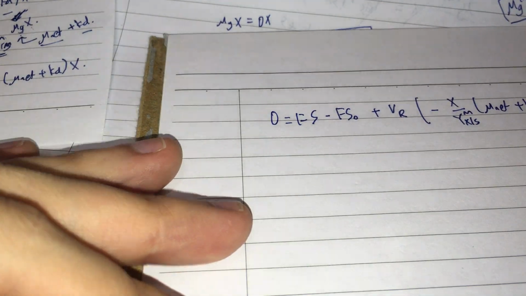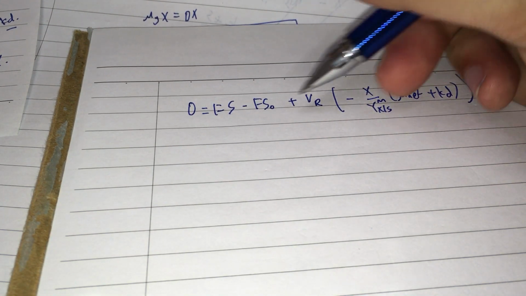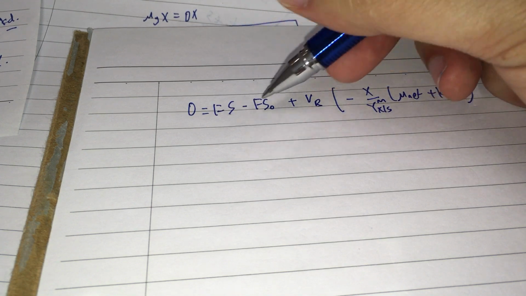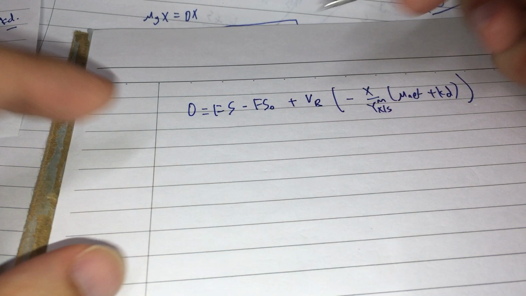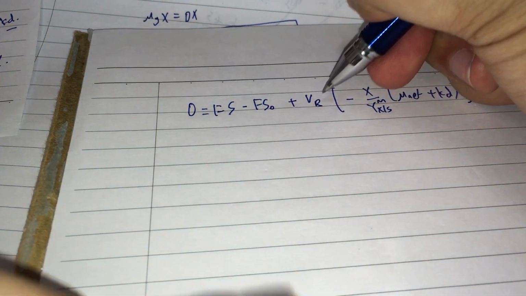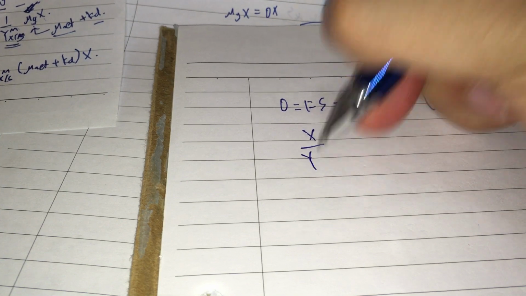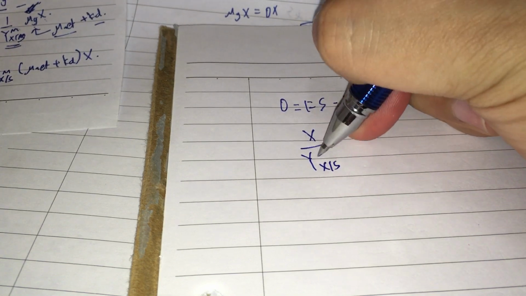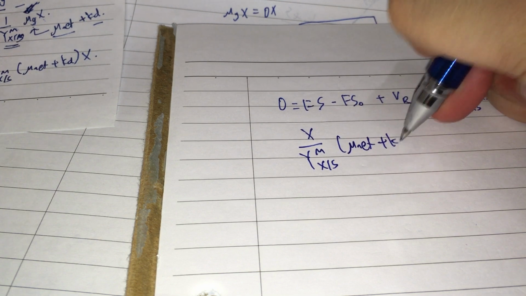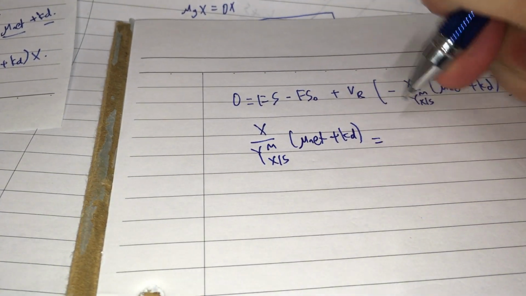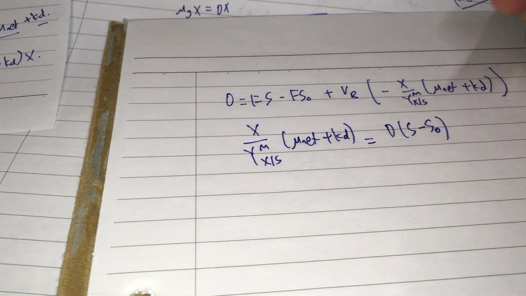And there we go. Now let's just bring this to the left hand side and divide everything by Vr. So x over Y x by s maximum, mu net plus kd, equals D times s minus s naught.